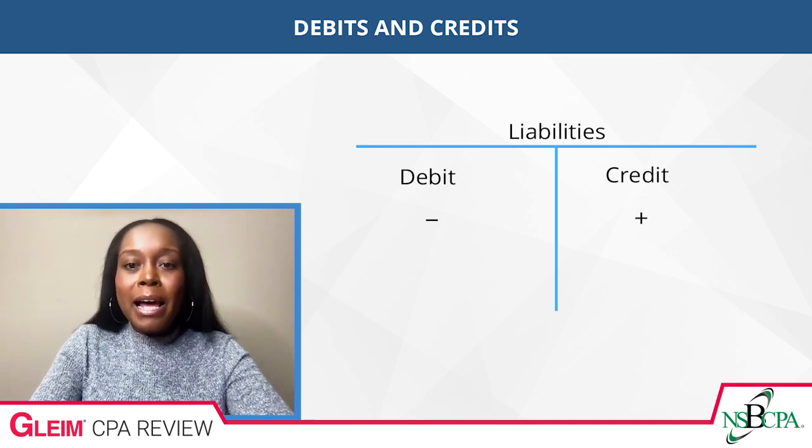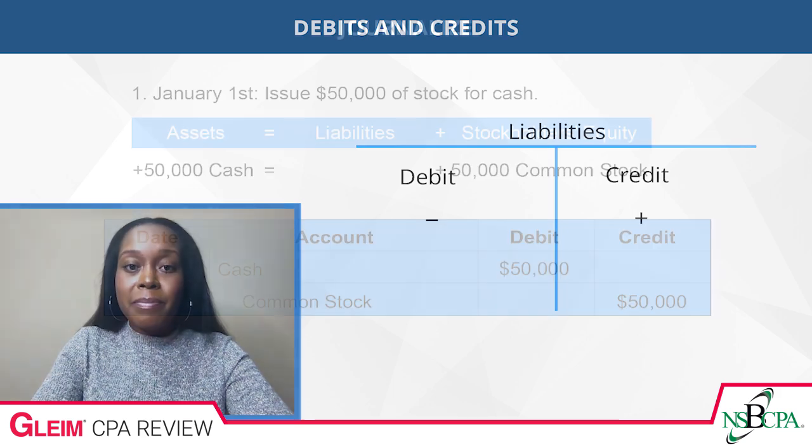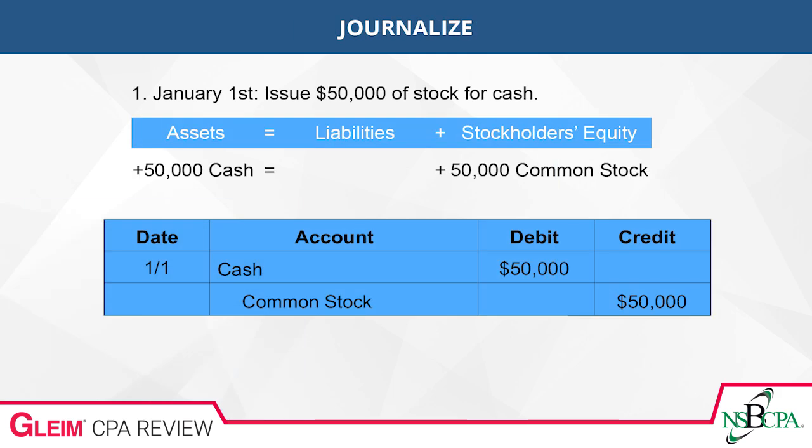Okay, let's apply these rules to our transactions so we can journalize. I started with transaction number 1 again, which is complete with our transaction analysis from before. Now, we just convert those to the journal format with debits and credits.